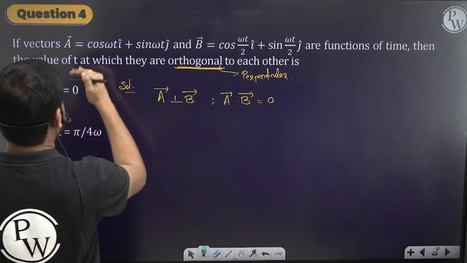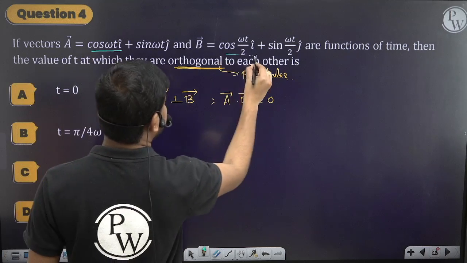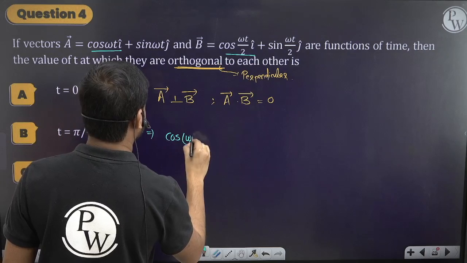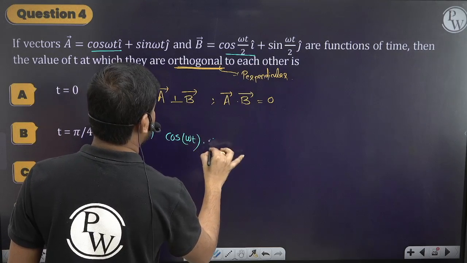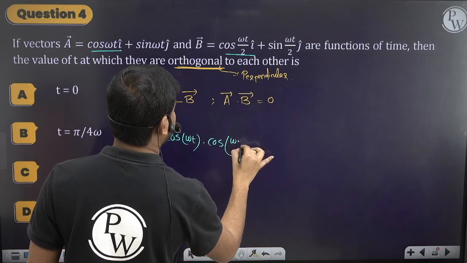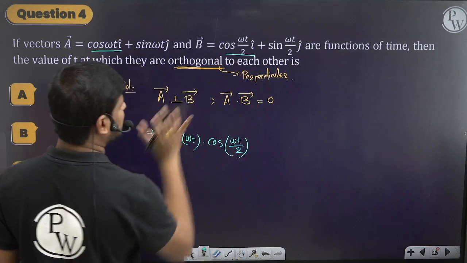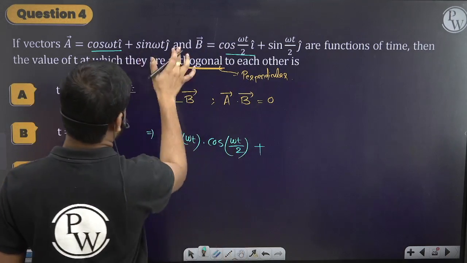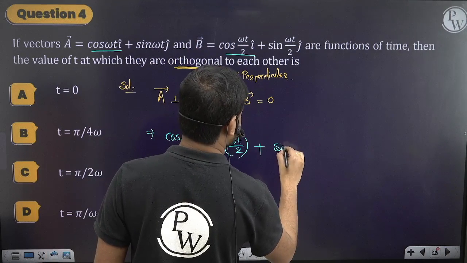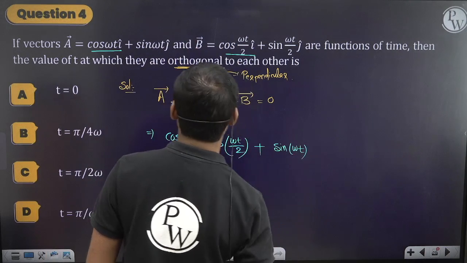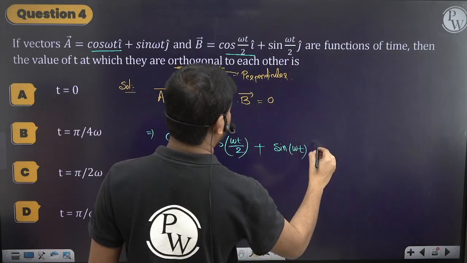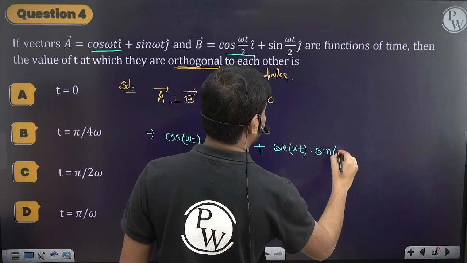It's i cap and i cap, so I can write cos omega t into cos omega t by 2, i dot i is 1, plus sin omega t into sin omega t by 2.